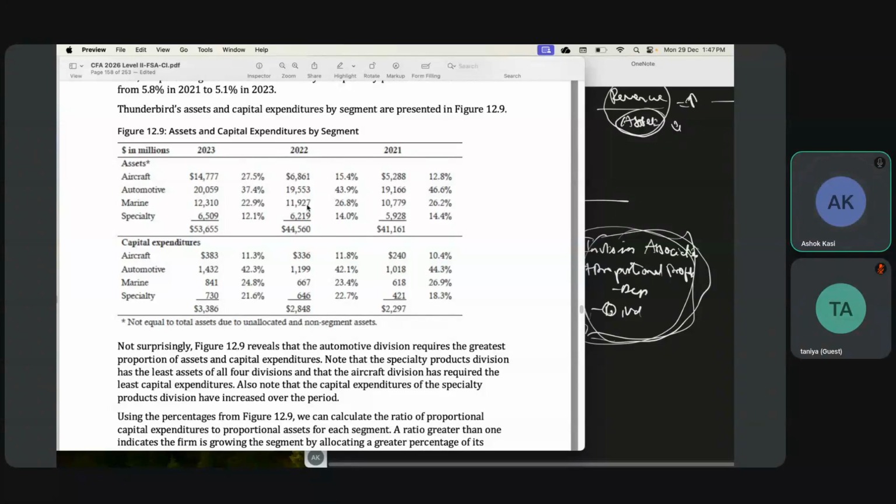So here the automotive division requires the greatest proportion of assets and capital expenditure. So greatest proportion of assets and expenditures. Okay.